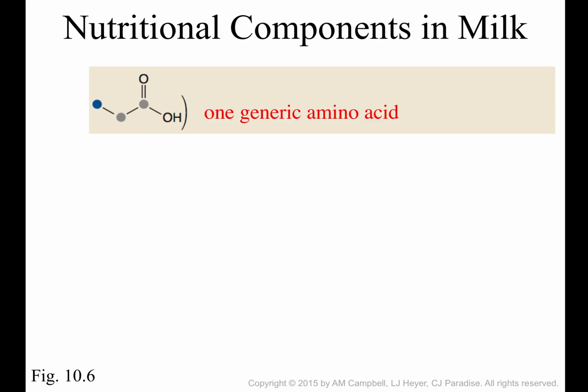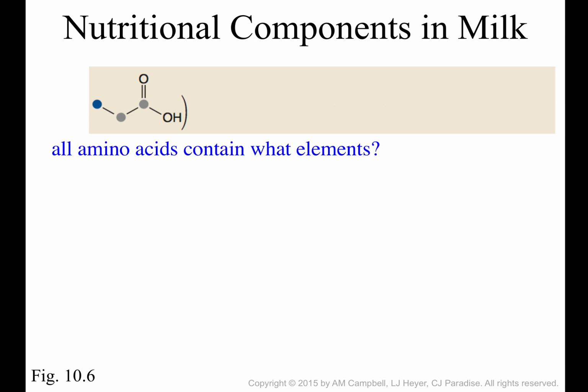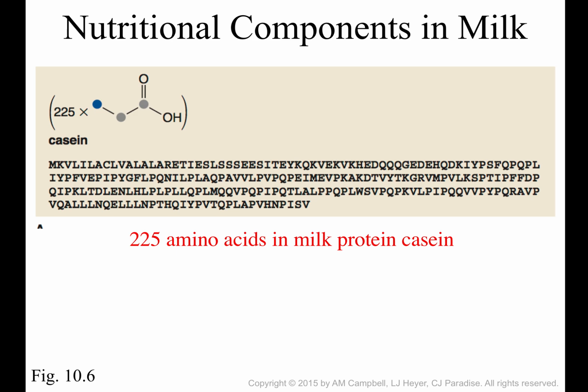Here's a generic amino acid. They have in the milk protein casein 225 amino acids, not 225 different kinds, 20 different kinds, but 225 amino acids.